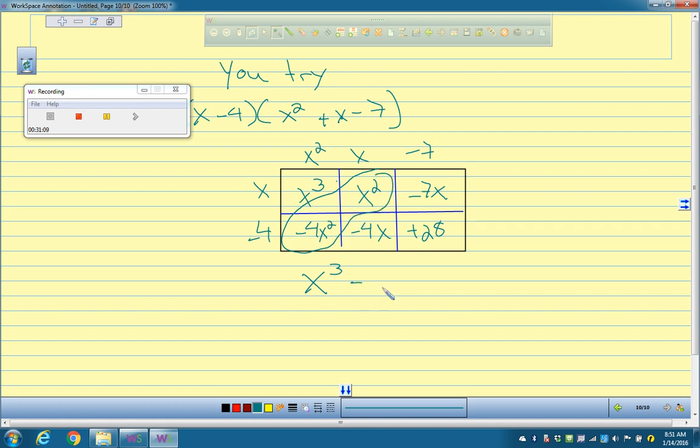Which gives you minus 3x squared. You want to do it in descending order. You can combine these two like terms, which is minus 11x. And then the last term is going to be 28. Okay? And that should have been your answer.